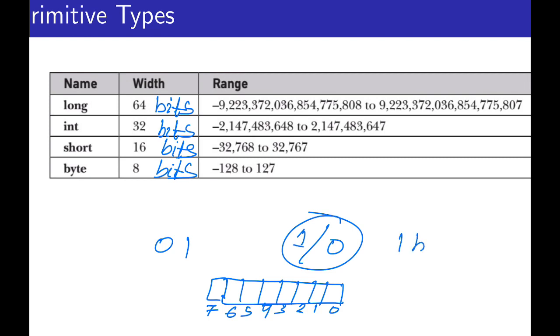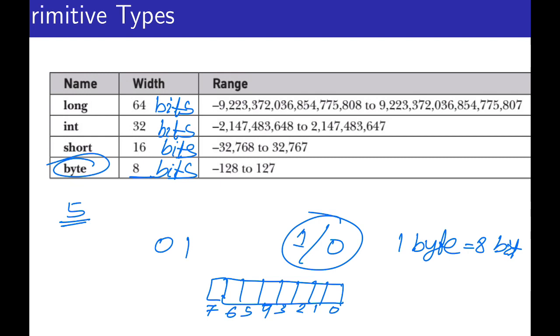So 1 byte is equal to 8 bits, and the byte data type refers to a single byte of memory, that means 8 bits of memory. Suppose we want to store 5 using the byte data type, in 8 bits.